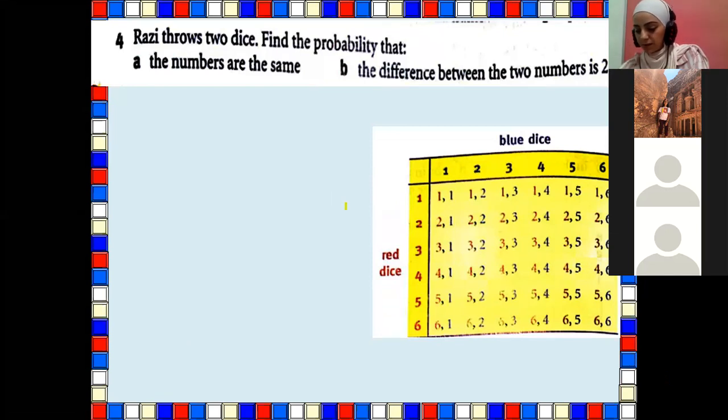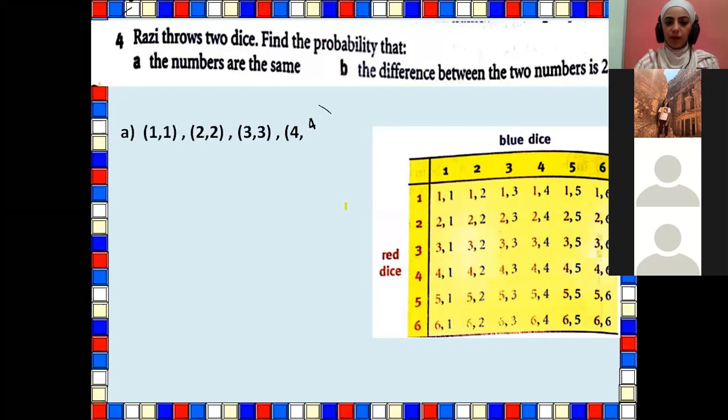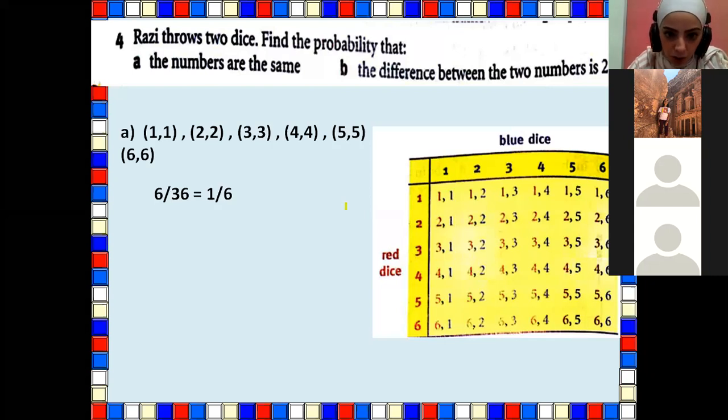In the simplest form, it will be 1 out of 6 when we divide by 6. These are the outcomes that are the same: 1 with 1, 2 with 2, 3 with 3, and so on. Excellent, Zaina. Yalla, the other part, Lin Al-Kumi.